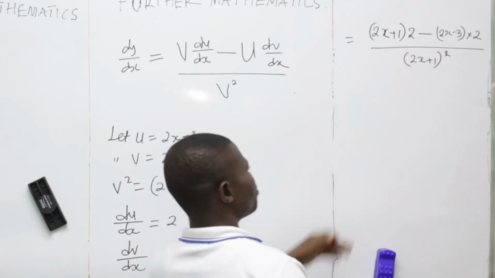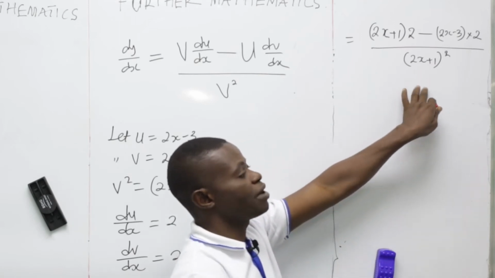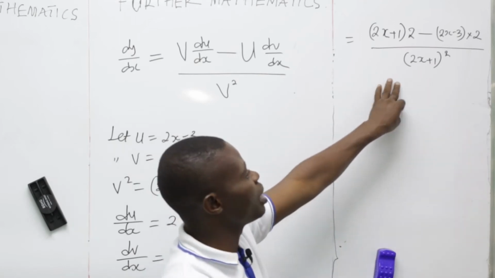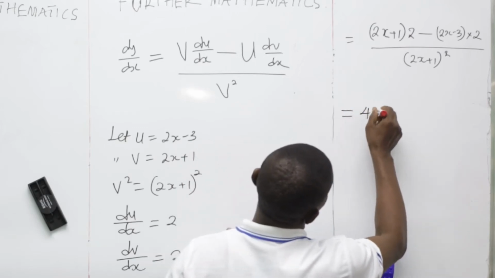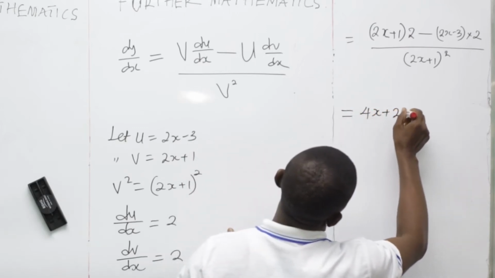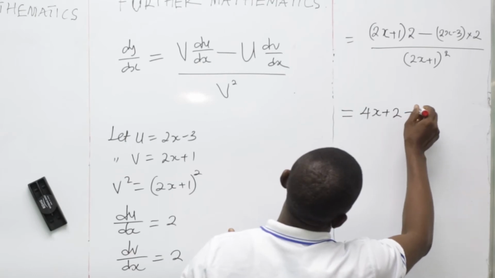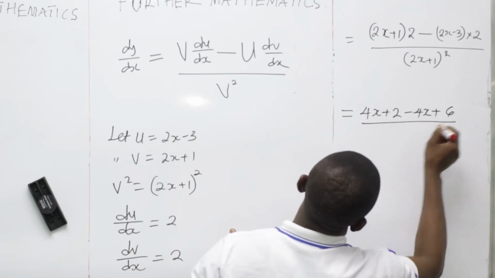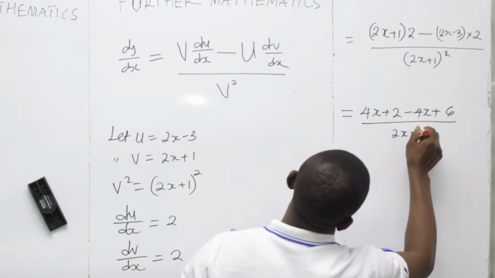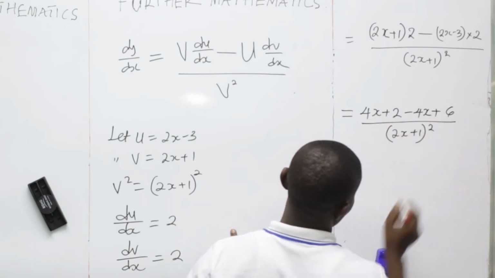It's your choice. If you want to expand this, fine. If you don't want to expand it, you can leave it. This will give us 4x plus 2 minus 4x plus 6, divided by (2x plus 1) all squared.